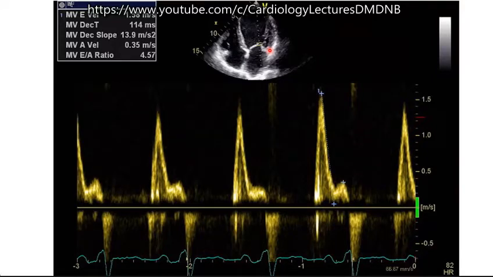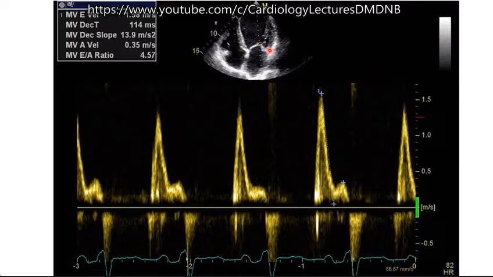So why is it that in a patient with the restrictive pattern there is a high E velocity? During early diastole, the LV relaxes and then it gets halted. That is the pathology in restrictive cardiomyopathy, sir. Anybody who would like to explain why the E velocity is high in a patient with a restrictive pattern?